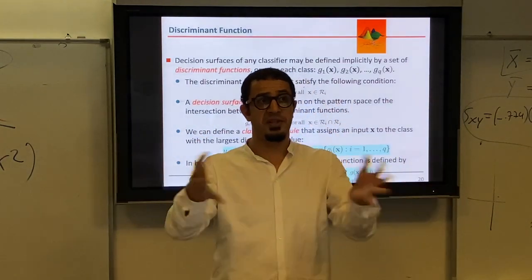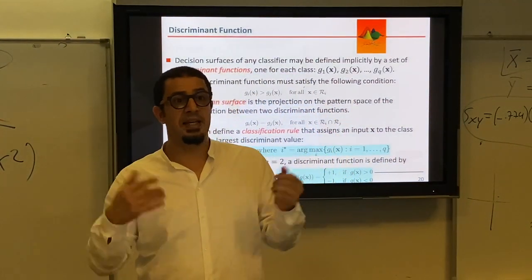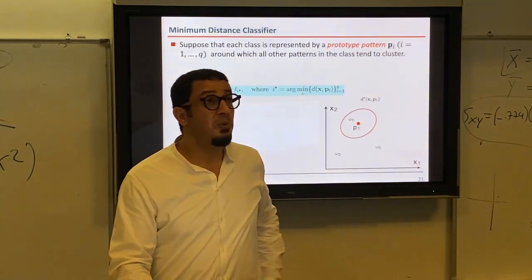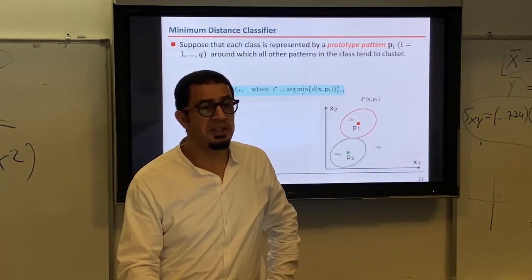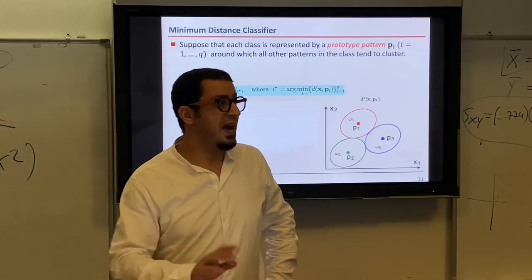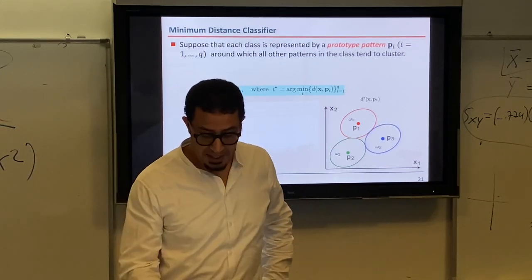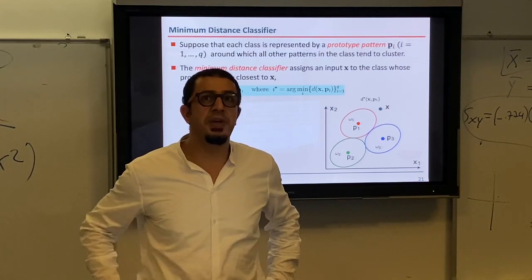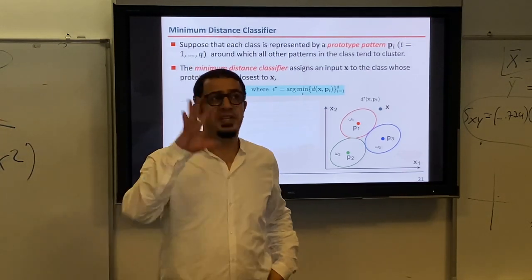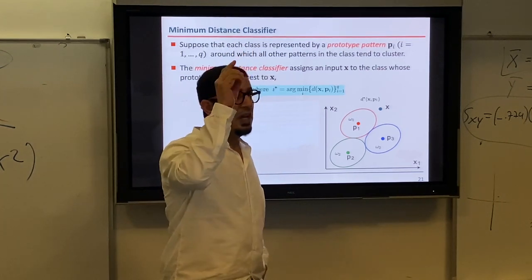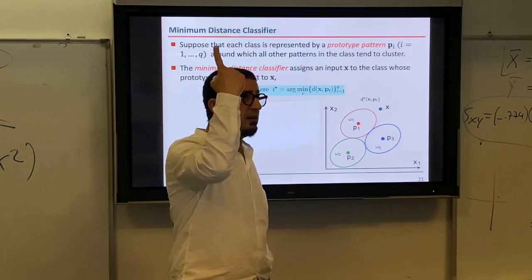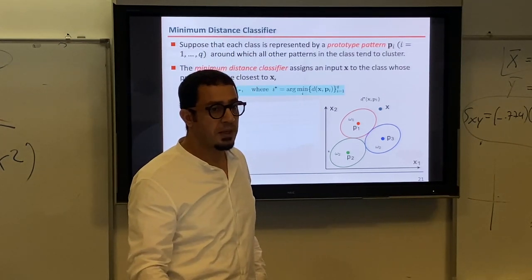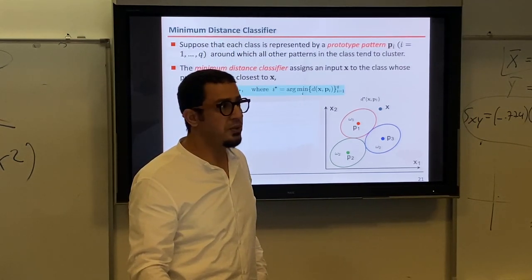So now the question is how we can estimate those functions. We can do another approach, which we call distance. For example, here I have 3 classes, and I want to classify a new point X. We consider every class and summarize it to a single mean value, so I just consider P1, P2, and P3.